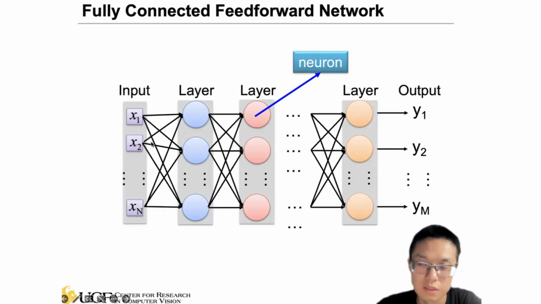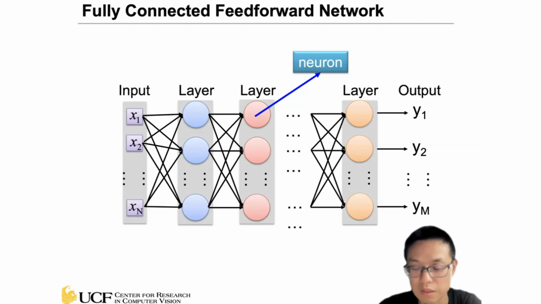So if we want to make it more complicated, before in the previous simple example we had only three layers in addition to the input, but we can keep stacking more layers in between the input and output. You can stack 100, even 1,000 if you want.